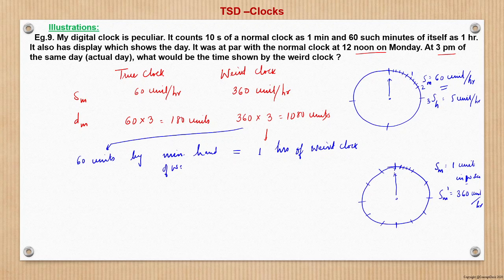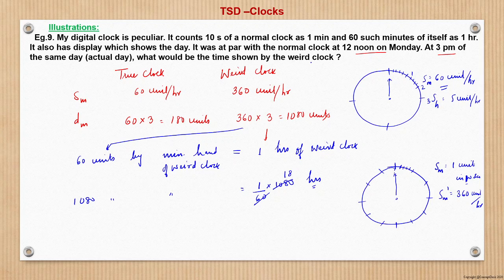So when it is covering 1080 units, that will be nothing but 1 upon 60 into 1080, which is 18 hours. So 18 hours of the weird clock.